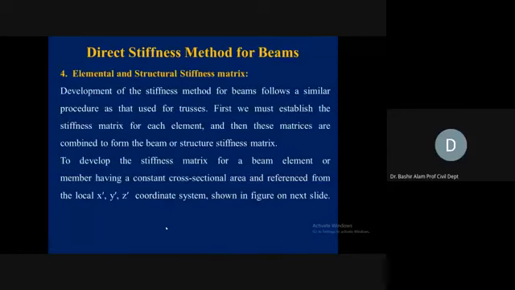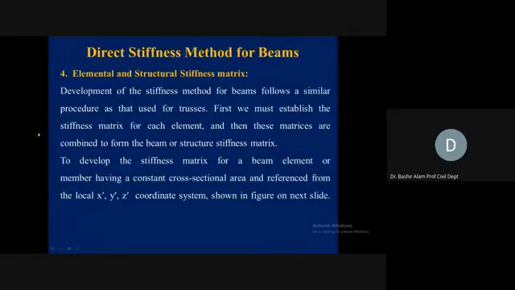Now, element and structural stiffness matrices. We already discussed this in the case of trusses. The development of the stiffness matrix for beams follows a similar procedure as that used for trusses.